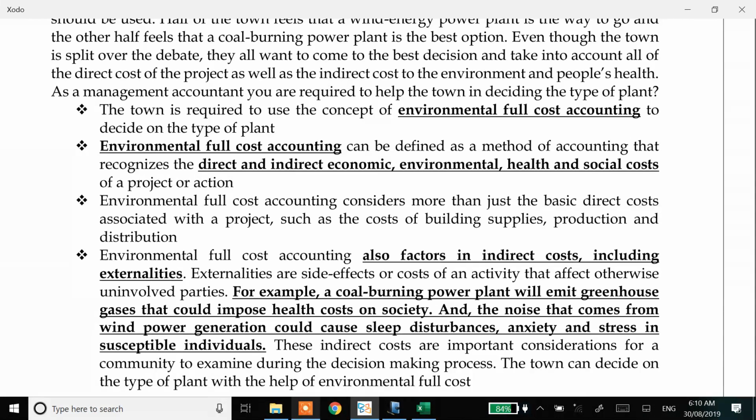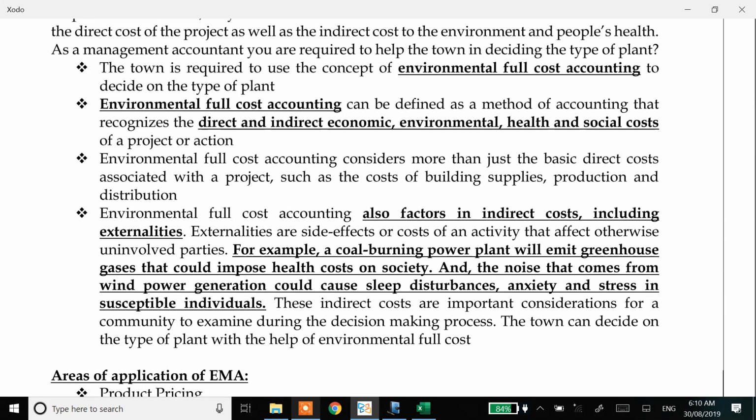Environmental full cost accounting considers more than just the basic direct costs, and also factors in indirect costs. A coal burning power plant will emit greenhouse gases that impose health cost on society. Noise that comes from wind power generation could cause sleep disturbances, anxiety and stress in susceptible individuals. So I will have to consider all these indirect costs for the purpose of decision making. That is the limited point they are making.